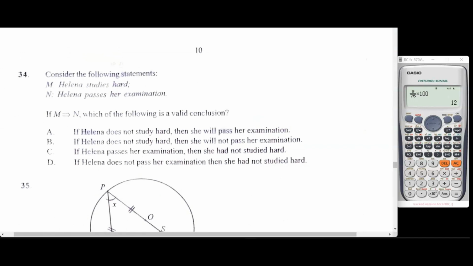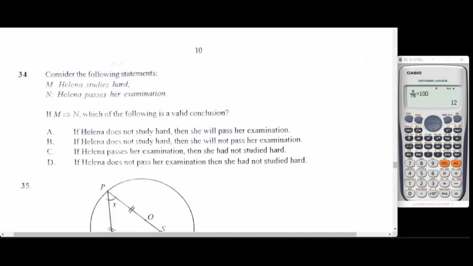Now this question says, consider the following statements. We have the first statement as Helena studies hard. Then the next statement, Helena passes her examination. If M implies N, which of the following is a valid conclusion?